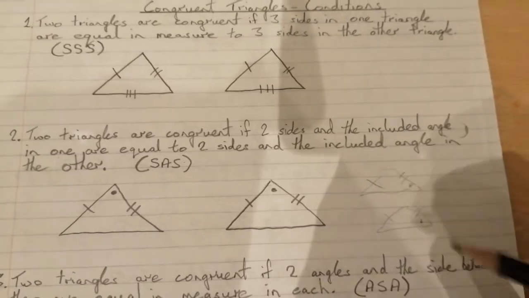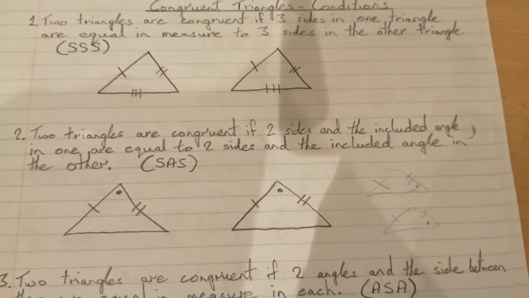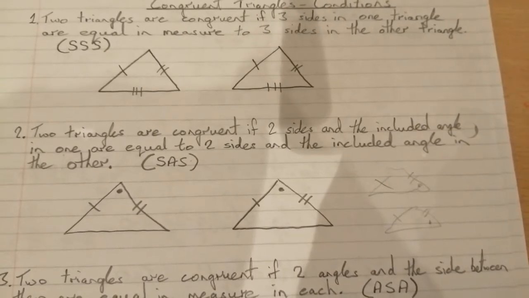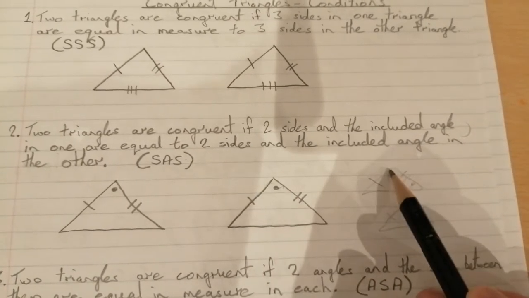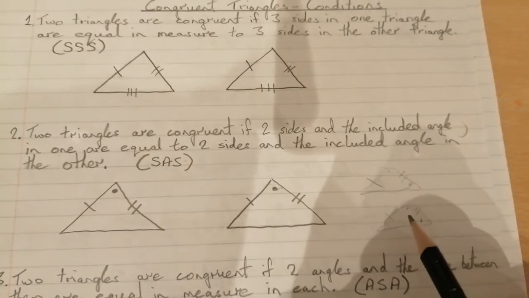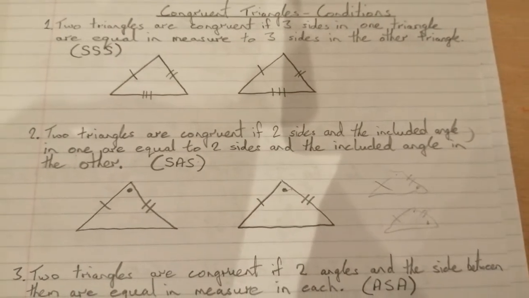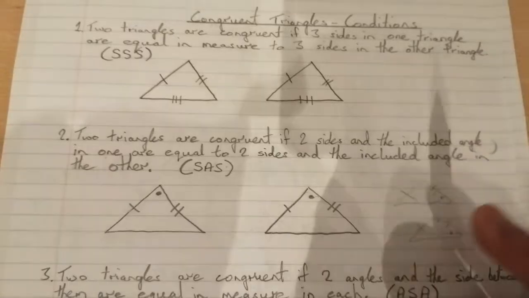Mathematically, they need not necessarily be congruent. They could be different in some of their measurements. So it has to be the angle which is in between the 2 sides. So it would have to be this angle that we knew was the same in both triangles in order to be able to say for certain that they were congruent triangles.